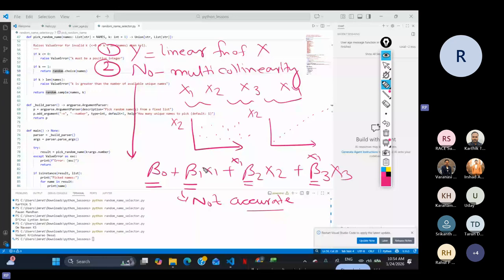Let's say when we increase the per capita GDP, the overall country's economy should be rising, right? Or the GDP of the overall country should be rising. But it says, no, if your per capita GDP is going higher, your overall GDP is going down, which is counterintuitive. So you'll see coefficients which do not make sense. I really cannot understand what they're trying to tell, right? So that's a telltale sign that you have multicollinearity in your data set. So that's the second one.